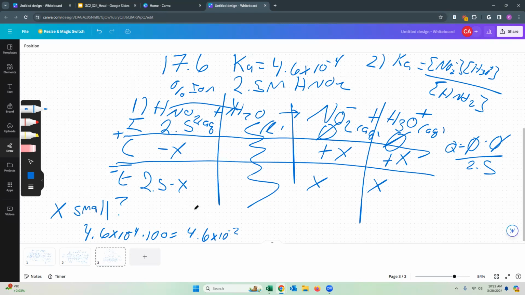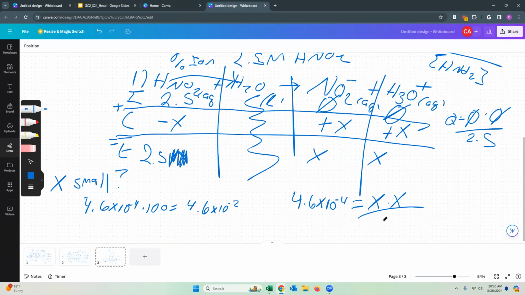Yeah, 2.5 is bigger than that. So I can ignore the minus x. And now we can plug this into our Ka expression. So Ka was 4.6 times 10 to the minus 4, equal to NO2 concentration x multiplied by H3O plus concentration x divided by 2.5.